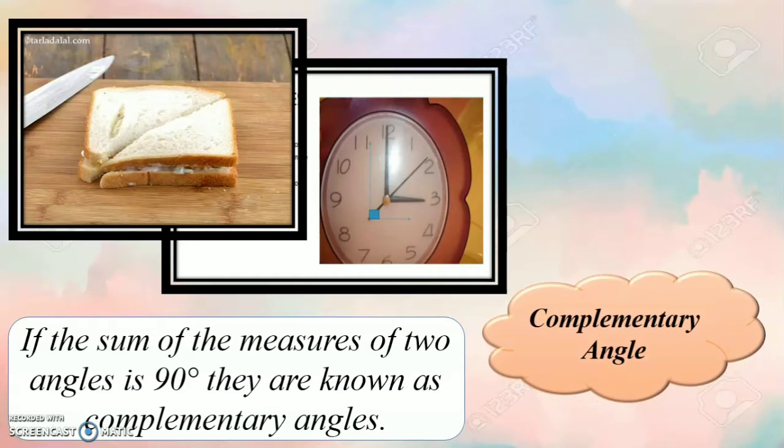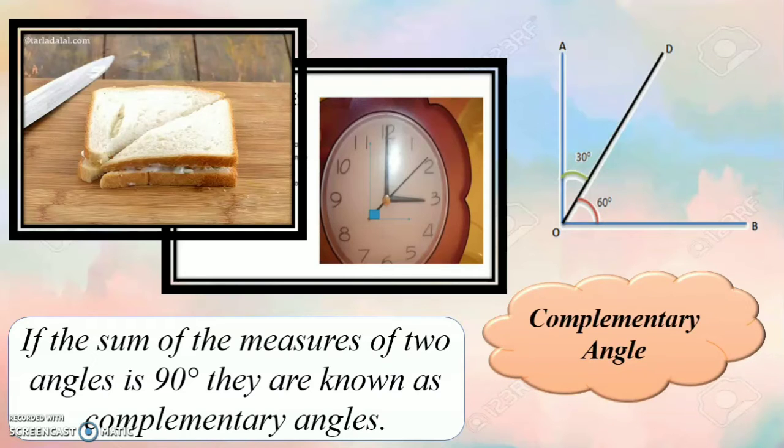Now in this example, we have angle AOB. We have measure of angle AOD as 30 degrees and measure of angle DOB as 60 degrees. When we sum together these two angles, we get 30 plus 60, which is 90 degrees.